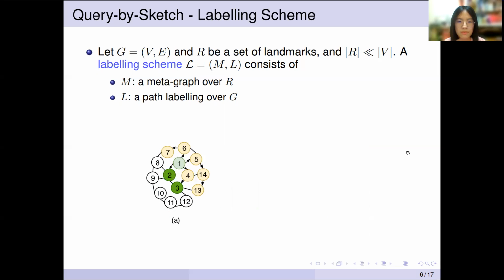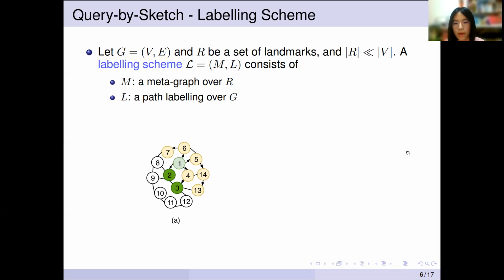We compute our labeling scheme by performing a breadth-first search rooted at each landmark. Here A shows the breadth-first search rooted at landmark 1. Vertices in yellow will have an entry from landmark 1 in their labels, and other vertices are not labeled by landmark 1 since all shortest paths between these vertices and landmark 1 go through landmarks 2 and 3.